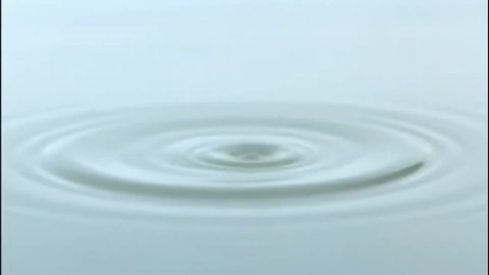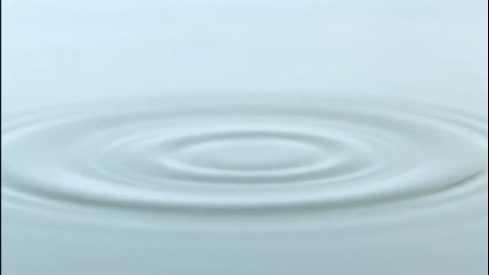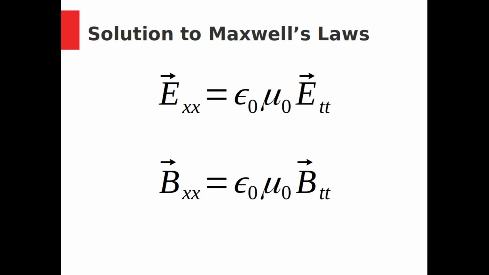Moreover, the electric wave and the magnetic wave have to be in sync with each other. Now, the outermost ripple in a pond is called the wave front, and the velocity of the wave front is actually part of this equation.